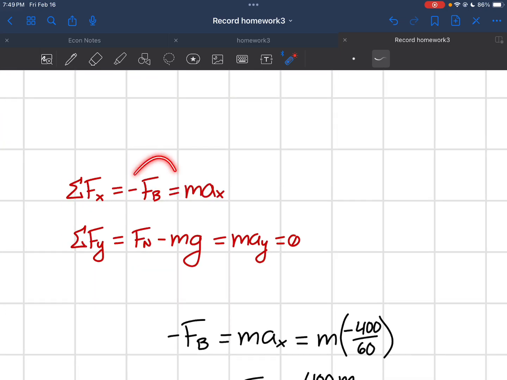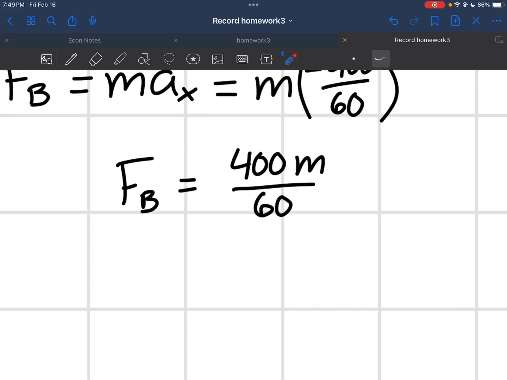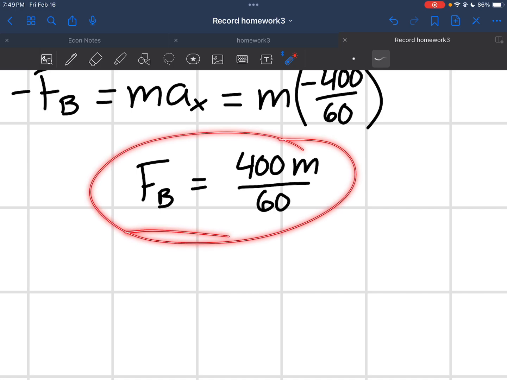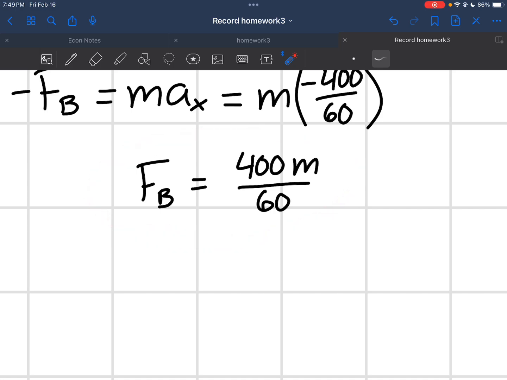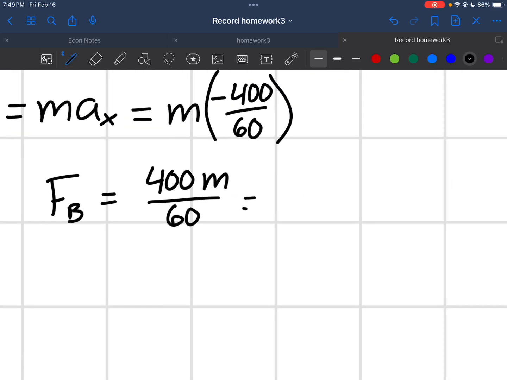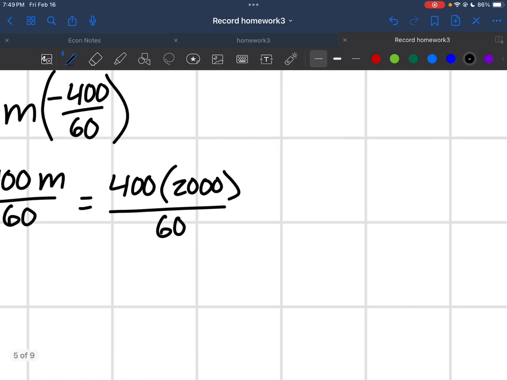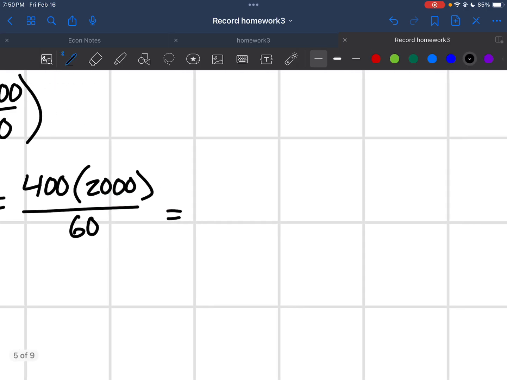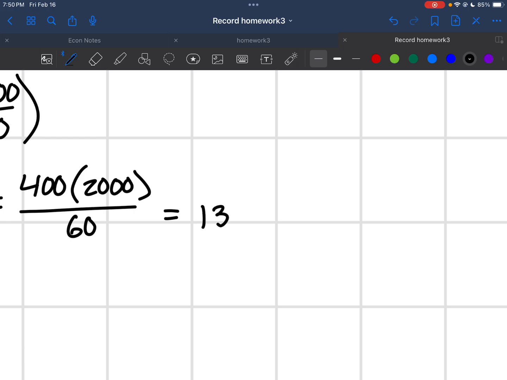I have already accounted for the fact that it's going in the negative direction. So when I get a positive solution for the magnitude, it should make sense. So if I just plug in the mass of the car, 2,000 kilograms, that's going to give me a force of 13,333.33 newtons.